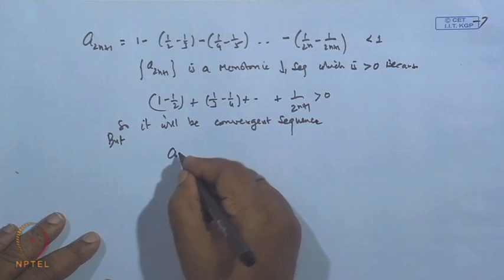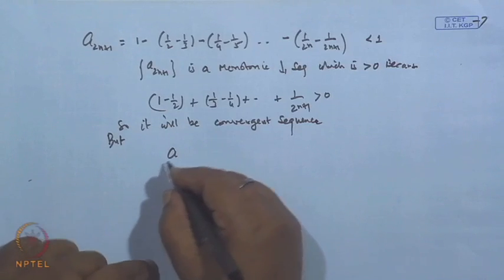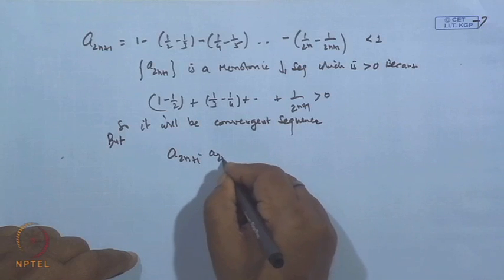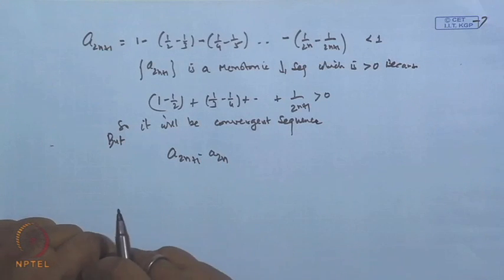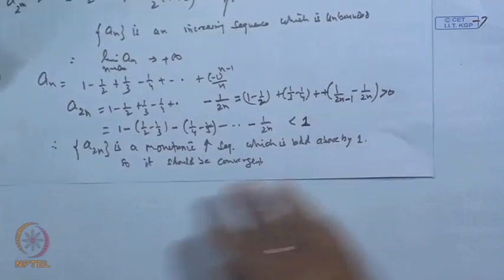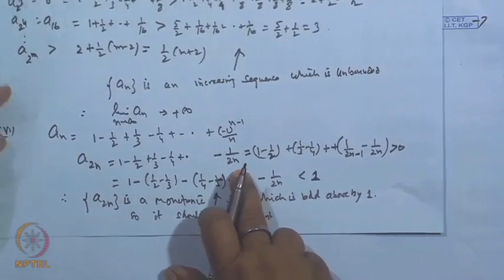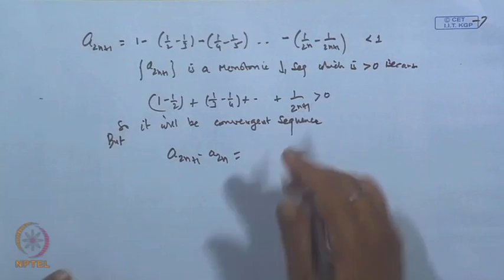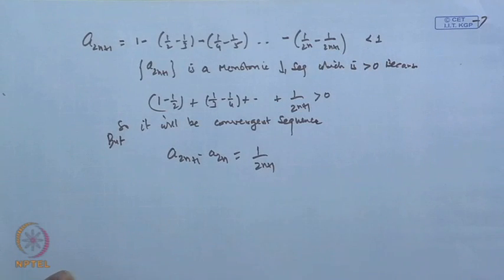what is |a_2n+1 minus a_2n|? If I find out this difference, then this difference comes out to be what? a_2n will be this term, a_2n+1 will be up to here. So, only this term will be left out, 1/(2n+1).